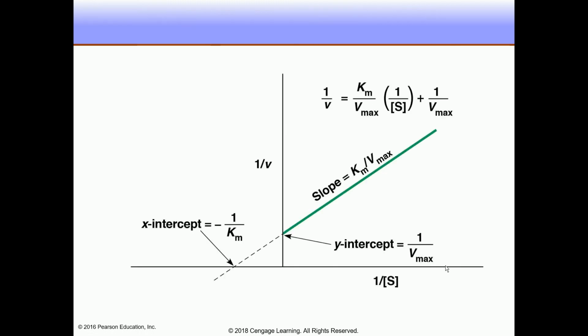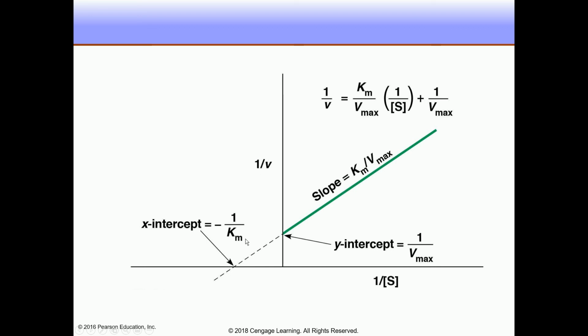On the x-axis we plot 1 divided by S. In the Michaelis-Menten relationship it is S, here it is 1 divided by S. And in the Michaelis-Menten relationship, it is the rate of reaction which goes on the y-axis, but here in the double reciprocal plot it is the inverse of the rate of reaction, 1 divided by the rate of reaction.